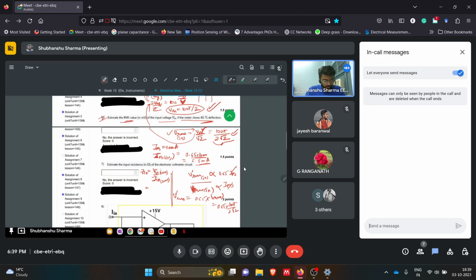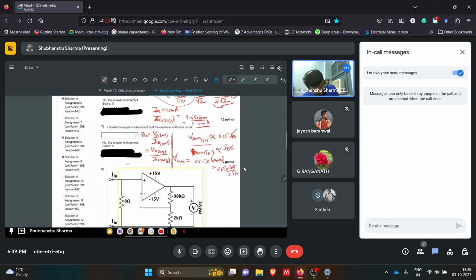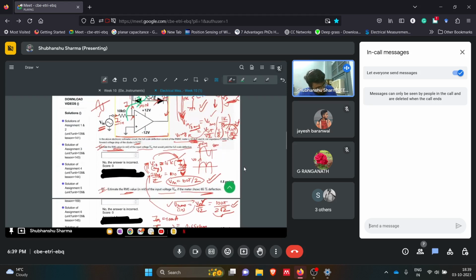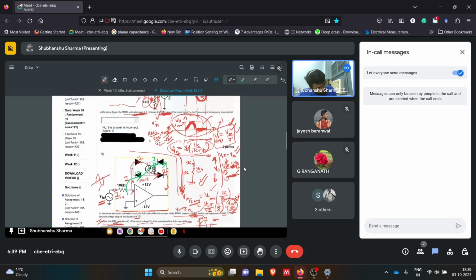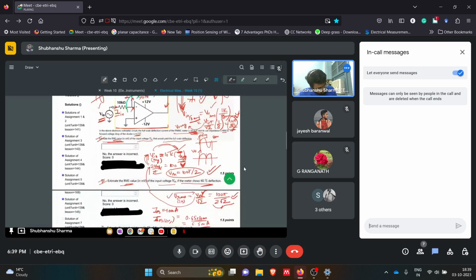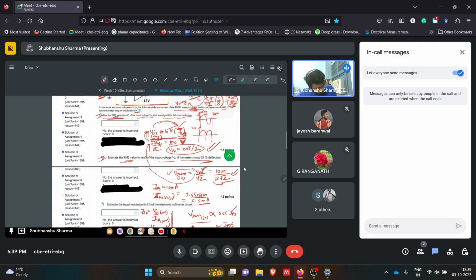Even in other subjects in electrical, if you are considering RMS, you consider RMS for each and every part of that system. So if this is RMS V, this is RMS I. But if V in is average, then I in will also be the average. So this thing to keep in mind. Then we will go for this average value. V in average we initially calculated, that was 100.